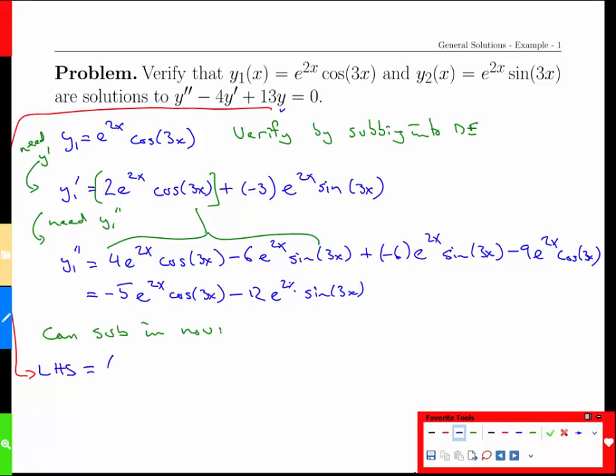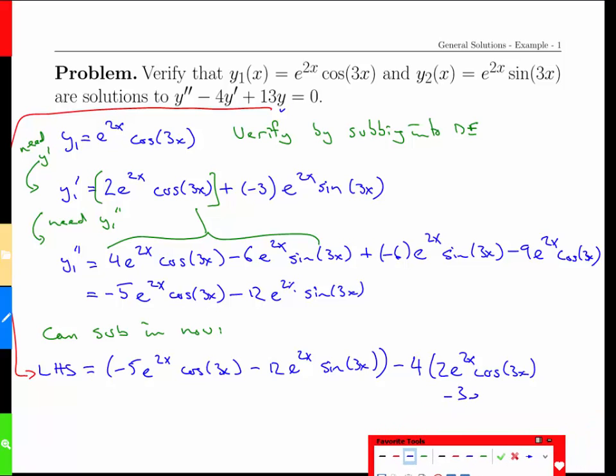That's this guy here. -5 e to the 2x cos, -12 e to the 2x and sine. Then -4 y primes. Y prime was up one line, here it is, 2 e to the 2x cos, and -3 e to the 2x sine.